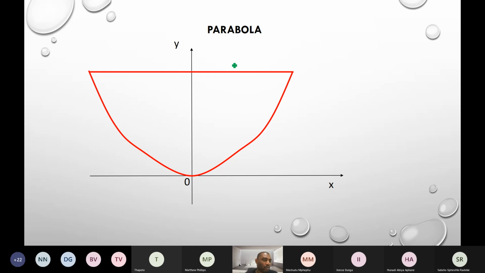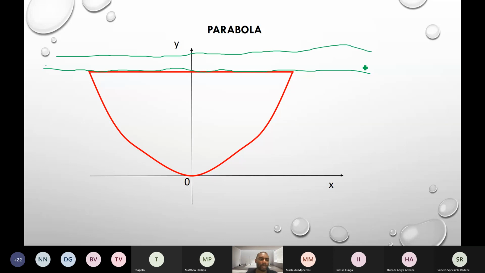Sometimes the water level can be the same as the top, or sometimes it can be a bit above. It depends on the question. Okay, all these should be straight lines. Forgive me, it's not a straight line that I'm drawing. So this is the shape of a parabola that you'll be expected to sketch.